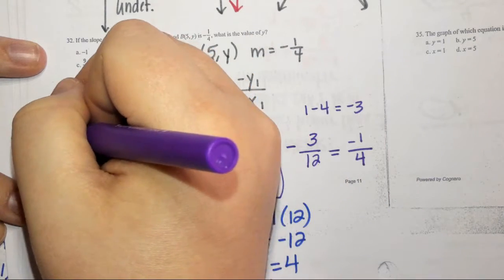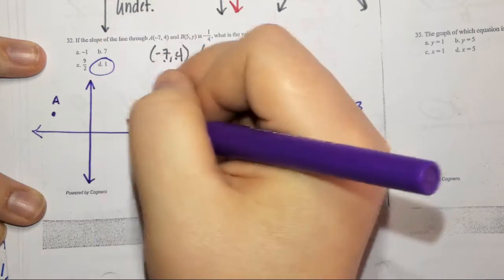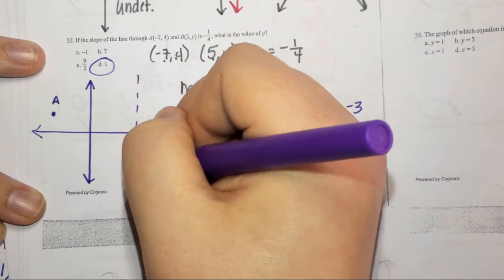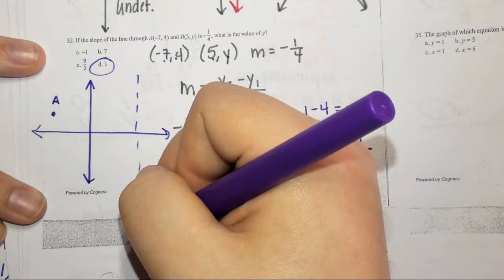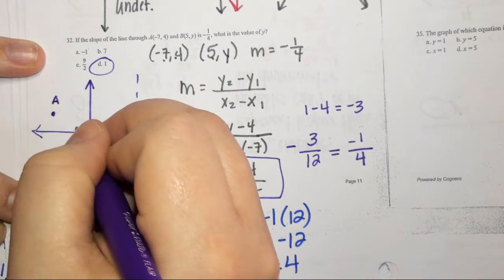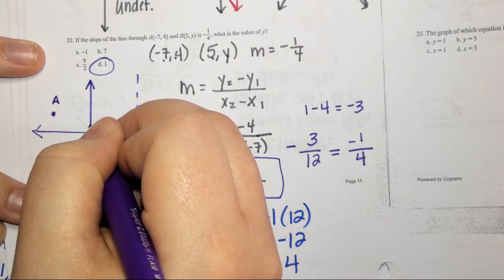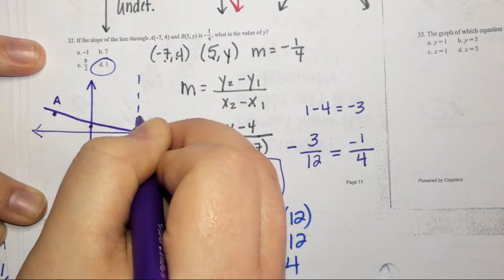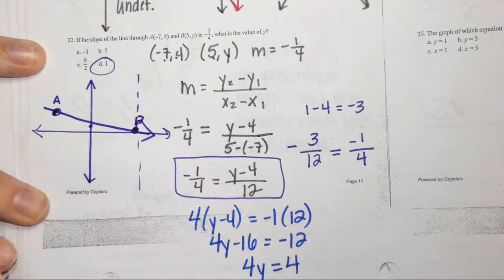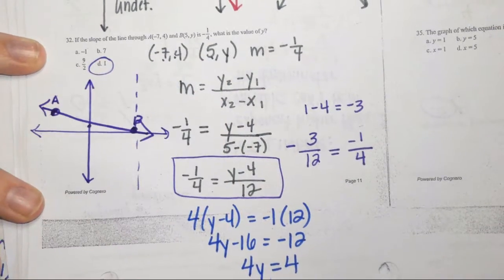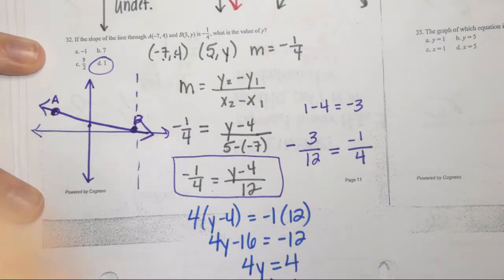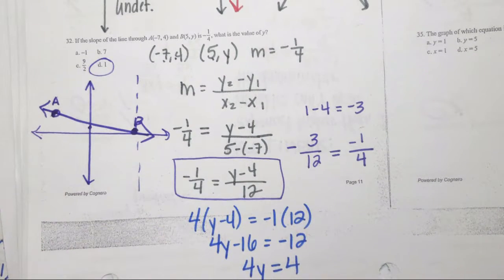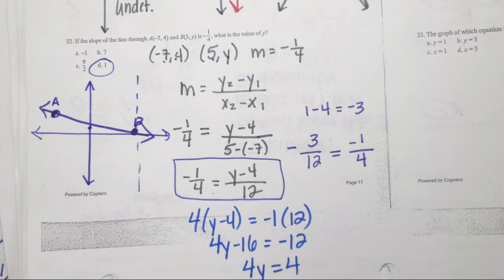If you plotted A at negative 7, 4, and you know that B is somewhere over here where x is 5, you know the slope is negative 1/4, so why not just count the negative 1/4 and you'll end up figuring out exactly where that B is happening. You like graphing, so that probably would be the most common way I bet people will do it. I pray there's one not like that, because that's a little deep. I would want one more like number 33.